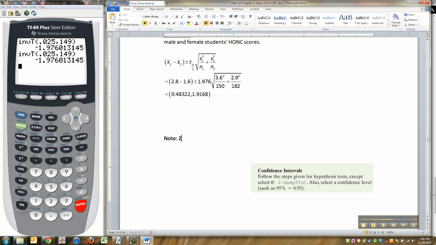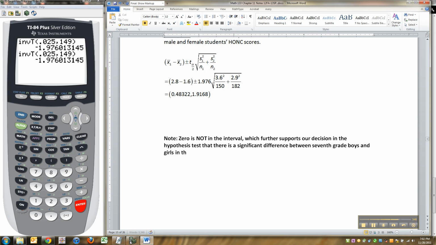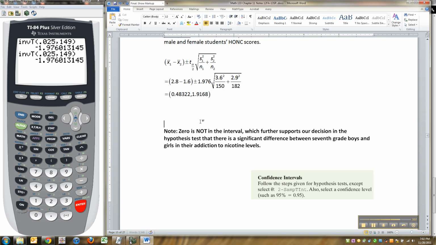So note, 0 is not in the interval, which further supports our decision in the hypothesis test a few pages back that there is a significant difference between 7th grade boys and girls in their addiction to nicotine levels. I think it was 7th grade. Hopefully it wasn't 7th grade.